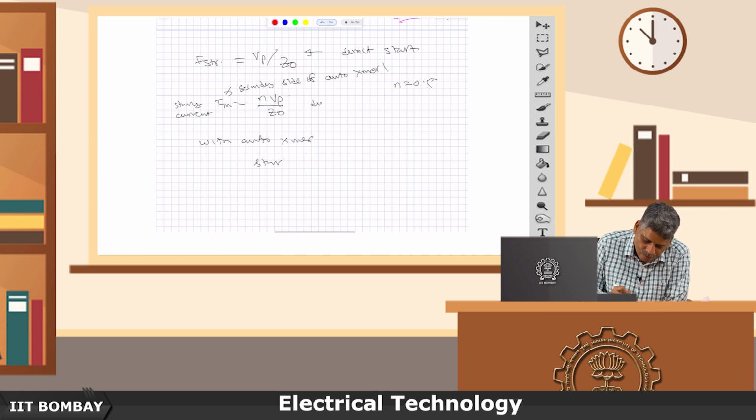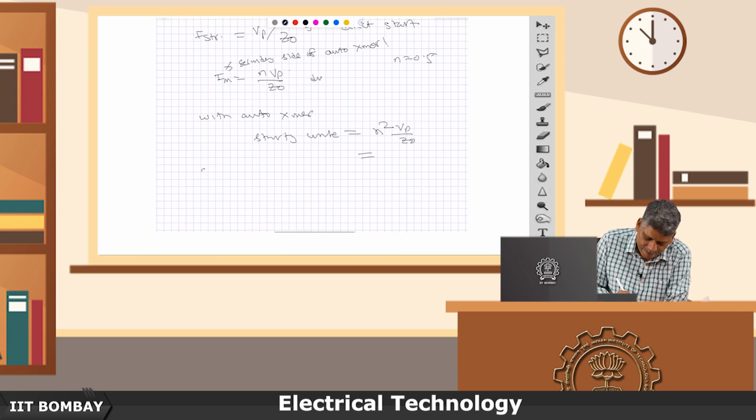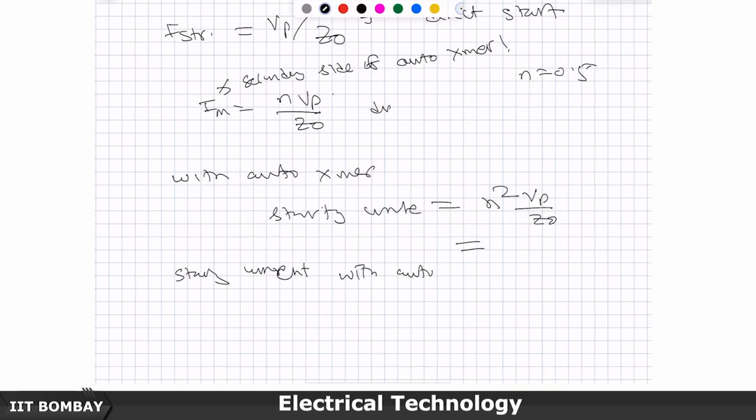Now, when I have the auto transformer in the picture, the starting current is going to be n square Vp by Z naught, which basically means that the starting current with auto transformer divided by the starting current with direct switching is also n square.